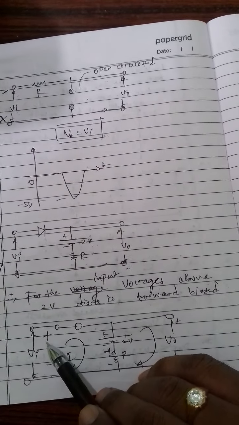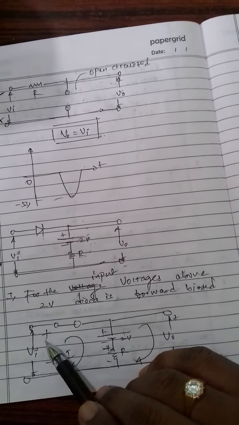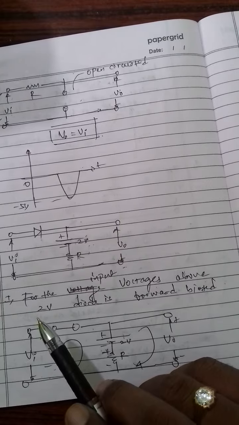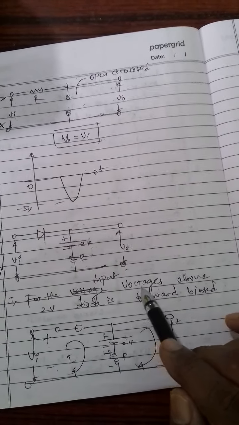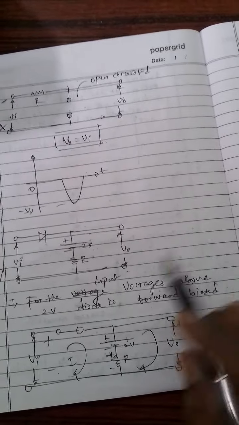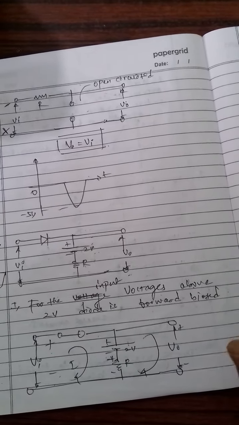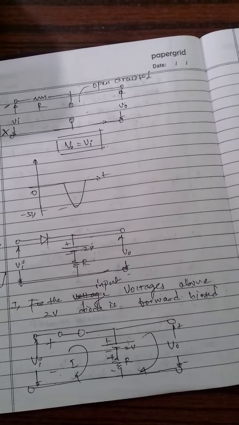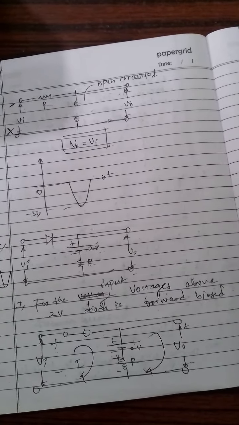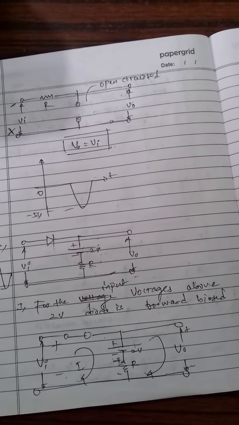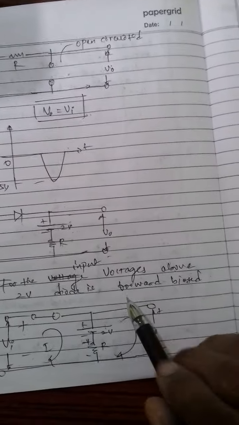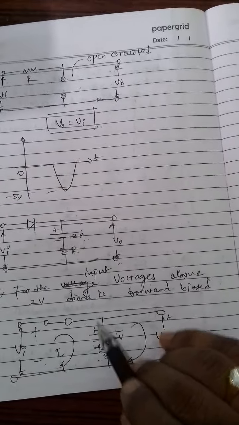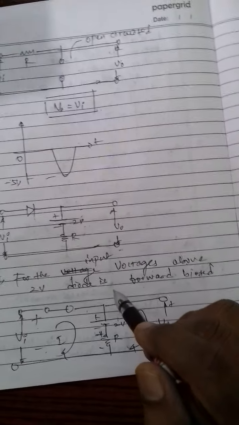Here we are not considering the positive half cycle, only the reference voltage, whether the input is more than 2 volts or less than 2 volts. I have considered the first one, where the input voltage is more than 2 volts.